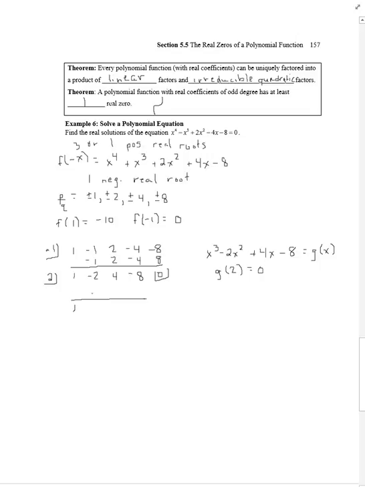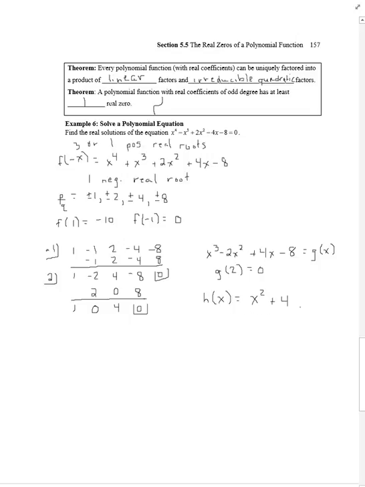So 1 and multiply, add, and multiply, add, multiply, add. So what are we left with this time? Well, let's call this depressed equation h of x, and it is x squared plus 4.